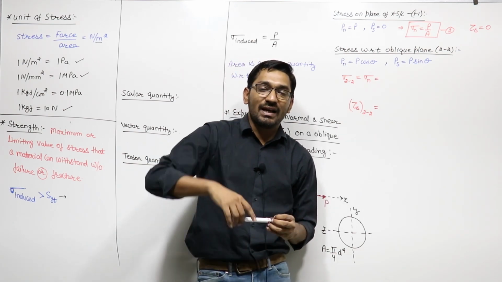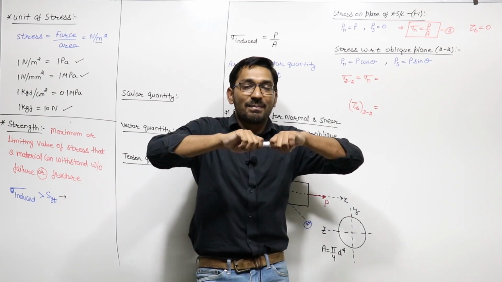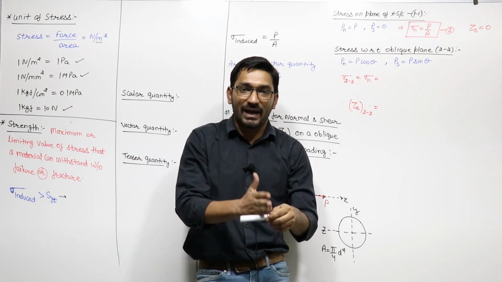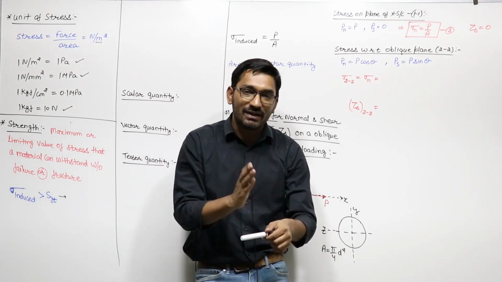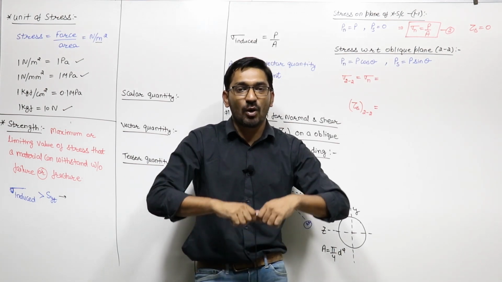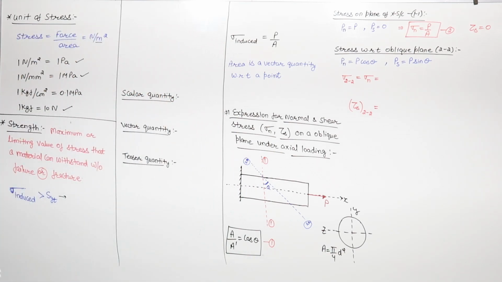And there is another failure which we know as fracture. Fracture means the maximum amount of stress this body can withstand without breaking. When this body will break, that breaking point is known as fracture.